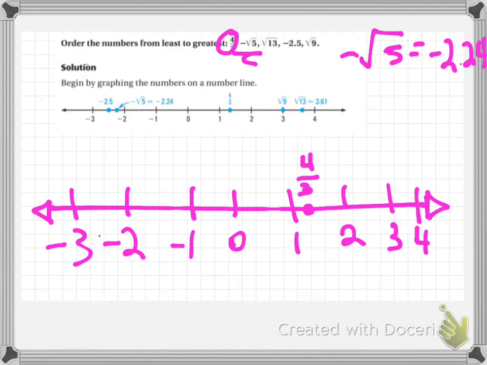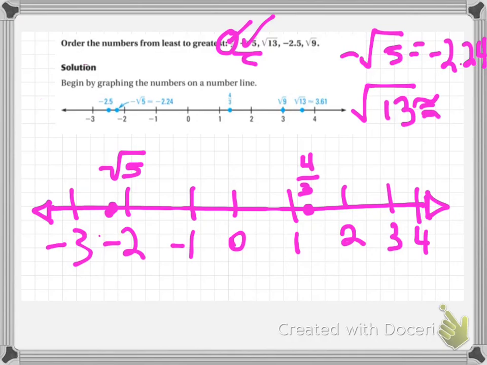So you're going to plot that right here. So that's done. The square root of 13 is approximately 3.61. So you're going to plot that right here.